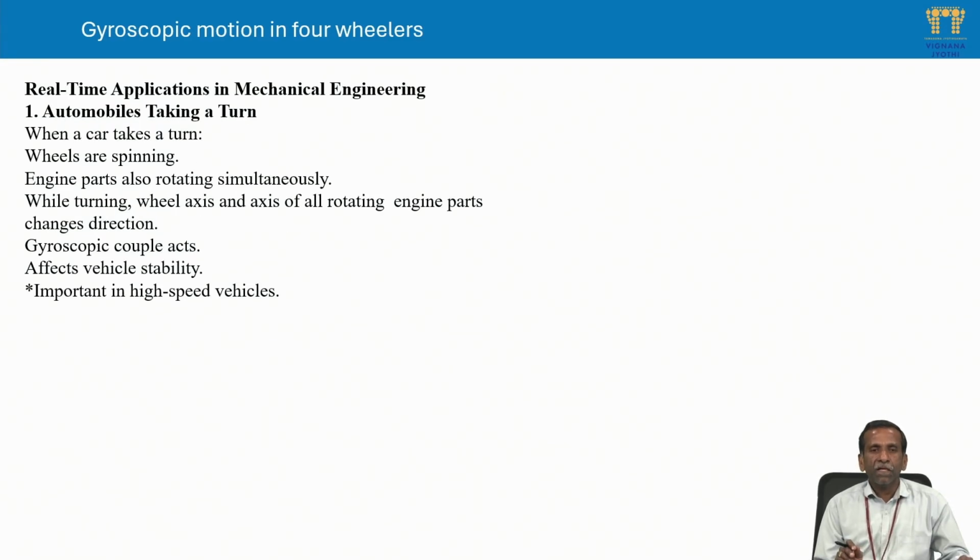As you know, in real-time applications in mechanical engineering, that is automobiles, generally automobiles have rotating engine parts about some axis, and the wheels are also spinning, four wheels of the automobile. Then when the automobile takes a turn, car, left or right side, this is called precession. The rotating parts and the wheels are called spinning.